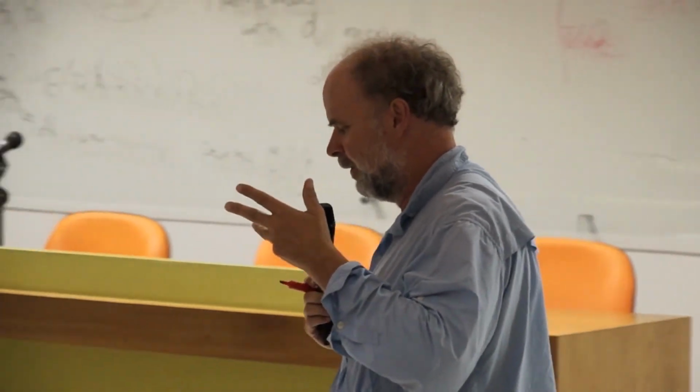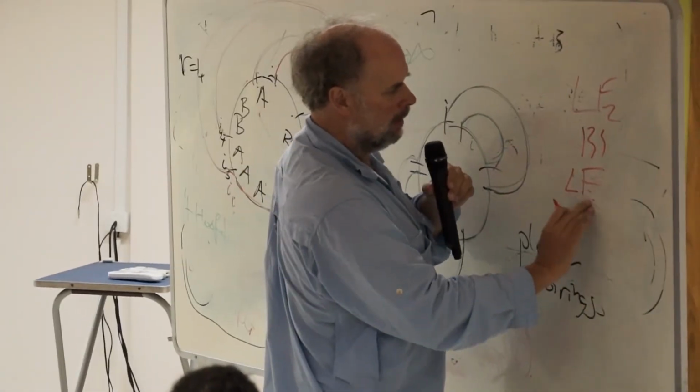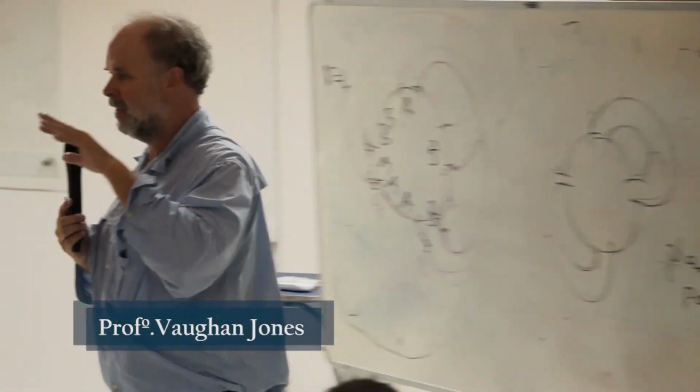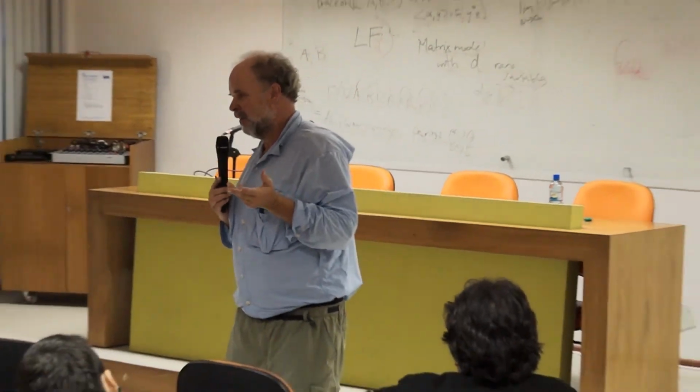And Voiculescu and his disciples, Dykema and Radulescu, managed to define what they call interpolated free group factors. And so they have an L of F_D. And the question becomes, is L of F_D isomorphic to some L of F_D'? The question is open, but it's known that if that's true, then they're all isomorphic. And if it's not true for any pair, then they're all non-isomorphic.